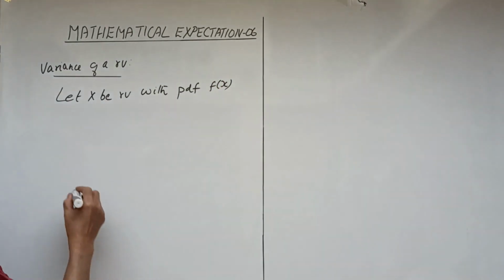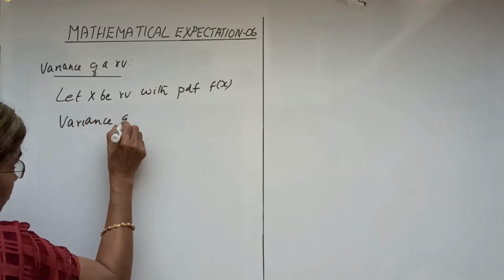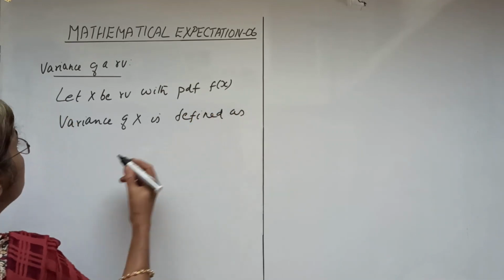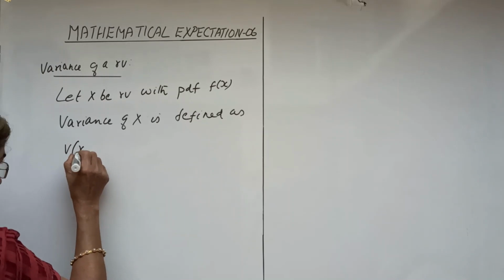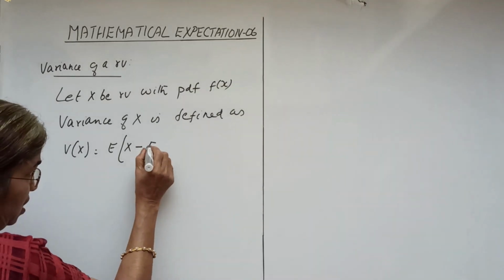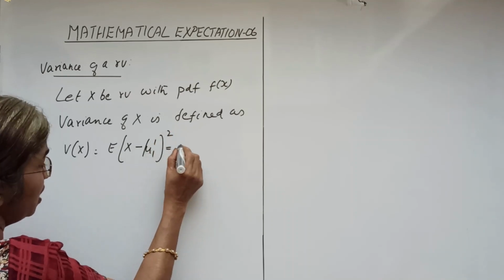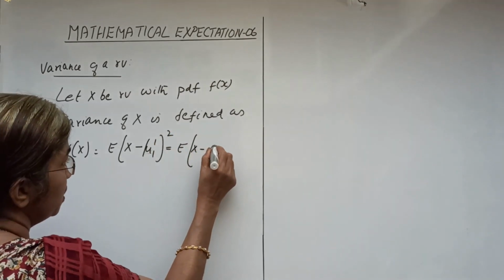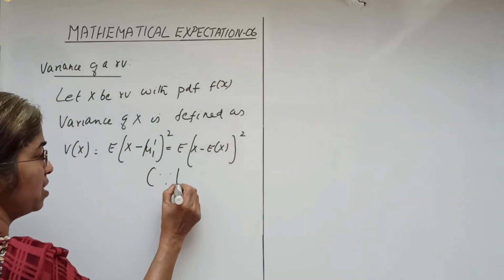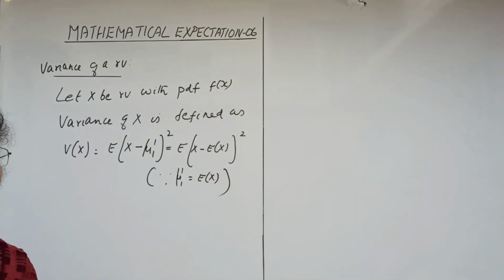Then variance of X is defined as variance of X equal to expectation of (X minus mu1 dash) whole square, and we can write this as expectation of (X minus expectation of X) whole square. We know mu1 dash equal to expectation of X.